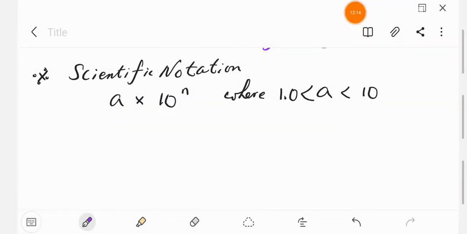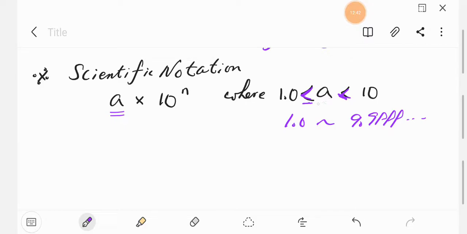Okay, now the definition of scientific notation. Scientific notation is always written as this: some number a times 10 to the nth power. And this number a is always greater than or equal to 1, and less than 10. So this means starting from 1.0 all the way up to 9.9999 and so on.